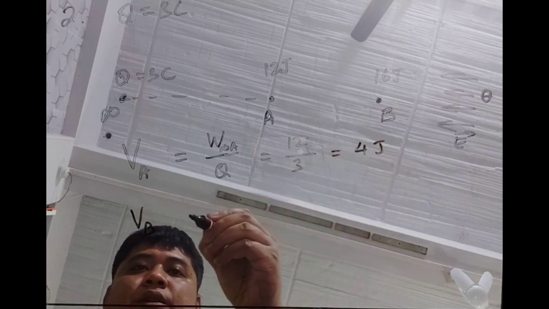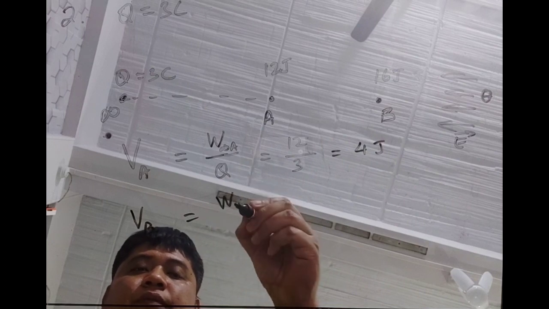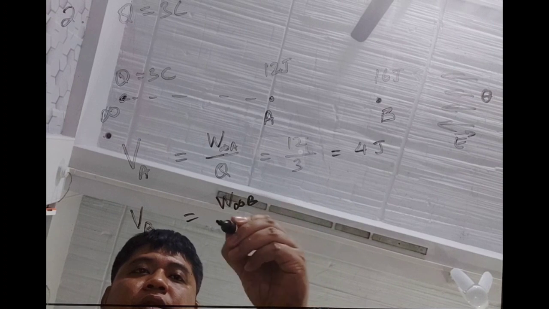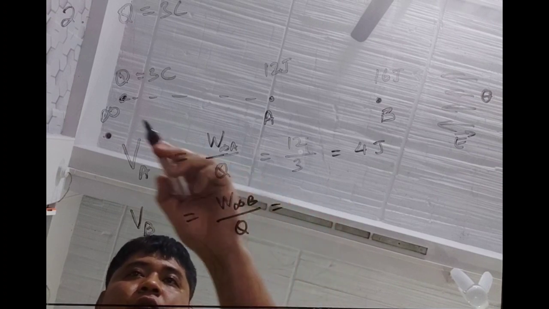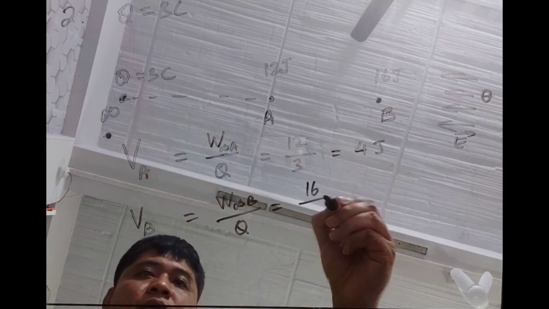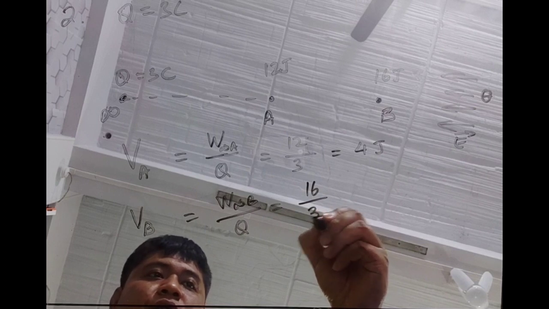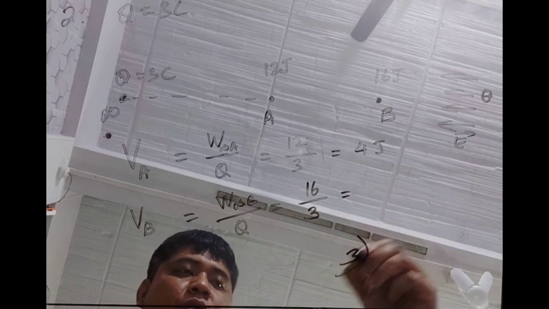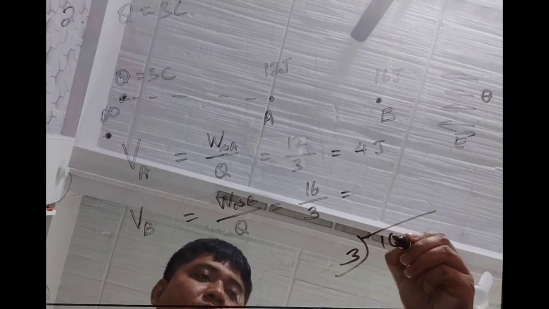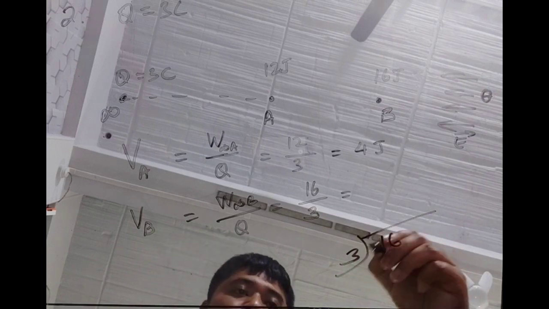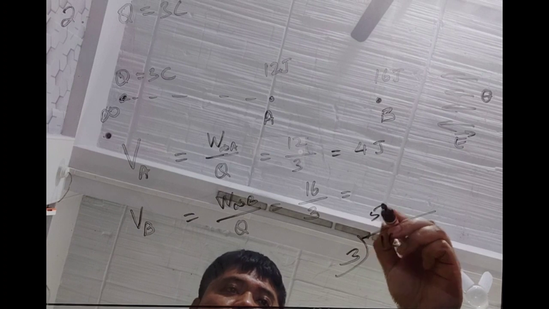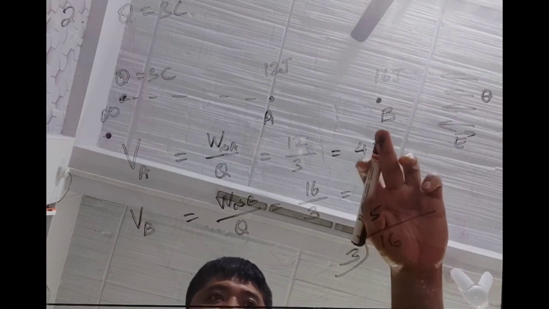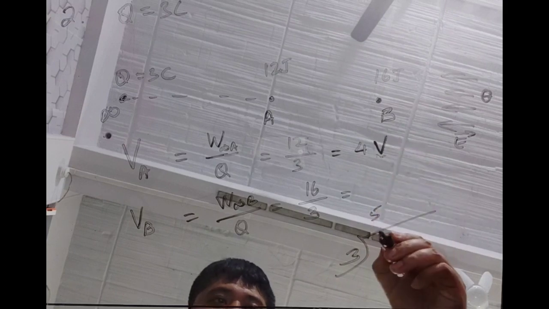Potential at point B is work done in bringing it from infinity to B divided by Q. Infinity to B is 16 and Q is 3. Let me divide 16 by 3. This will not be joule, this will be volt.